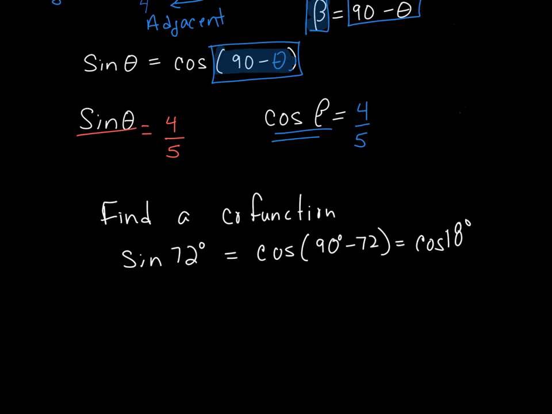So if I say that I have the cosine of pi over 3, that is going to equal the sine of 90 degrees in radians, which is pi over 2, so it becomes pi over 2 minus pi over 3.